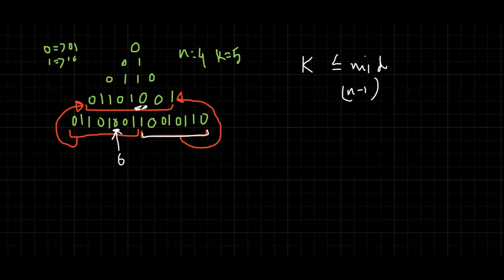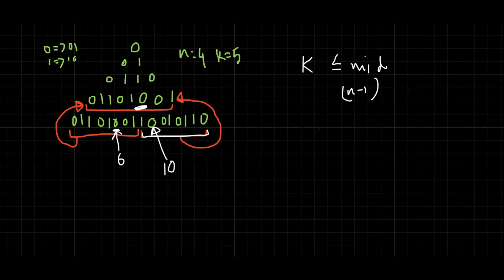Now, if the value of k is greater than the mid, what will happen? Suppose the value of k is 10. So 10 is indicating this position.